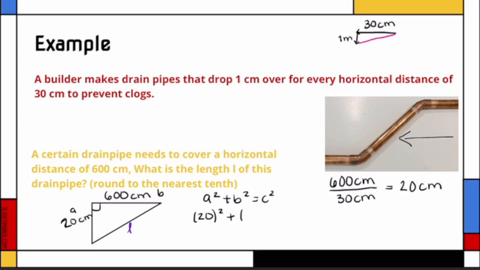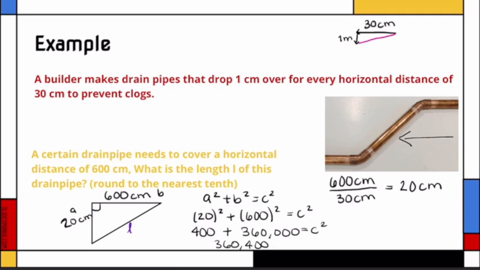20 squared, B is 600, equals C squared. 20 squared is 20 times 20, which is 400. And 600 squared is 600 times 600, which is 360,000.